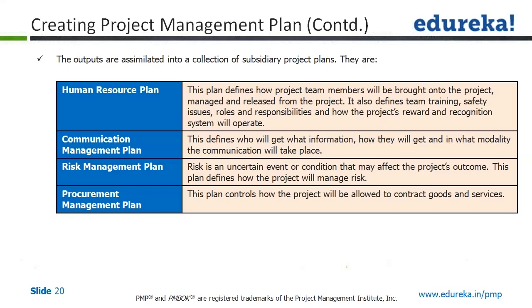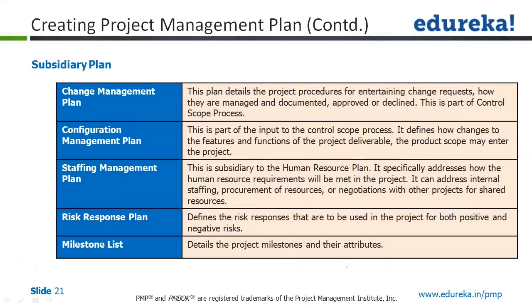Risk management plan helps us identify and manage the various risks. Procurement management plan will help us control the procurement. Change management plan helps us bring in a change once changes are initiated and approved by the change control board. We would follow the change management plan.